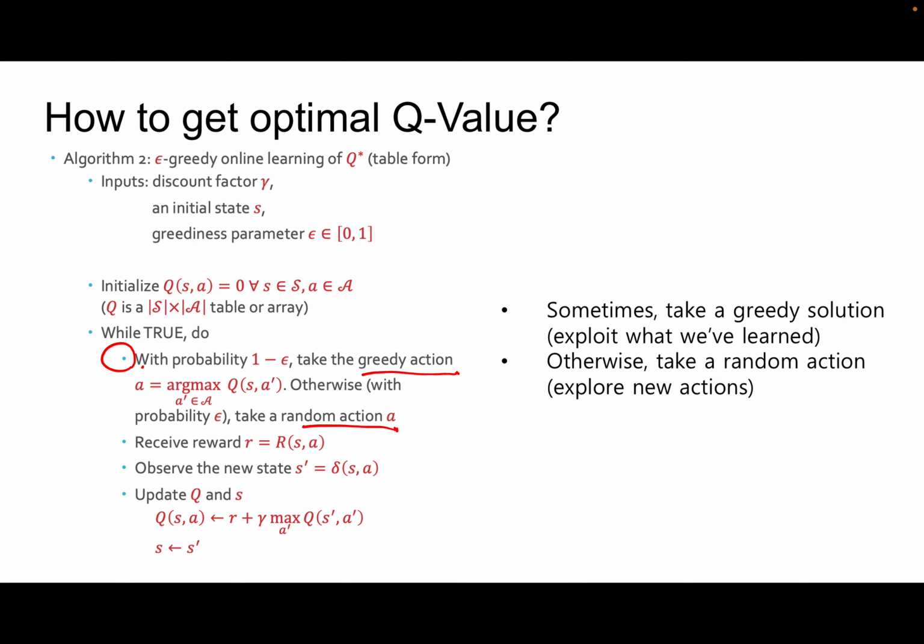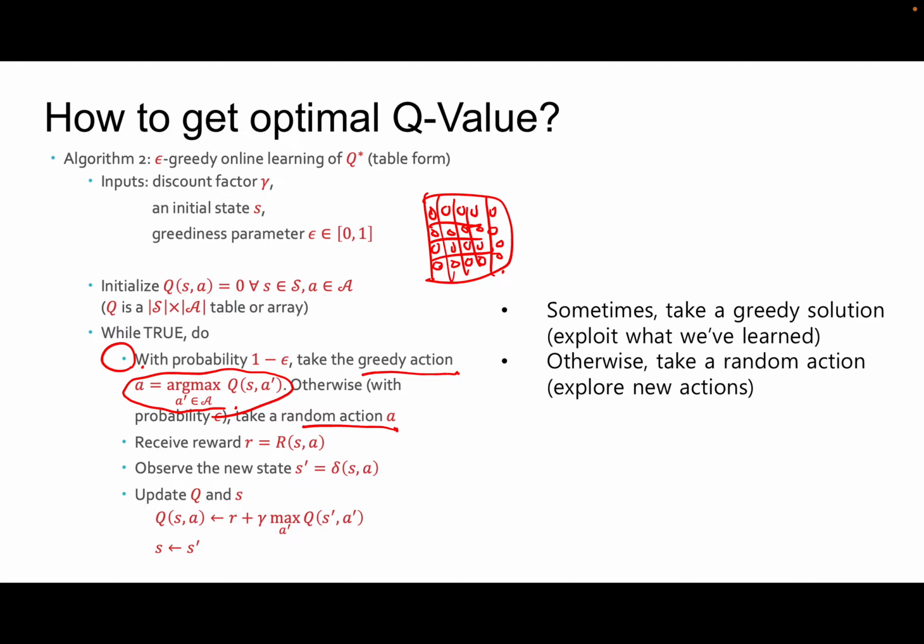So the goal is to exploit what we've learned so far, right? Greedy action means it tries to use the numbers in our optimized Q-value function. All the numbers are initialized as 0 at the very beginning of the algorithm.